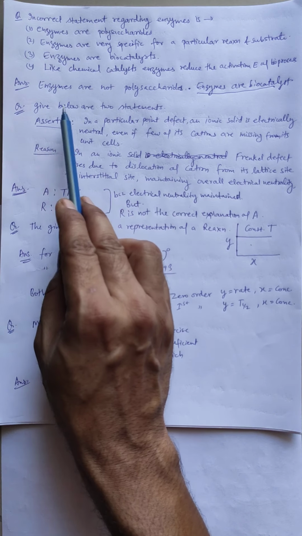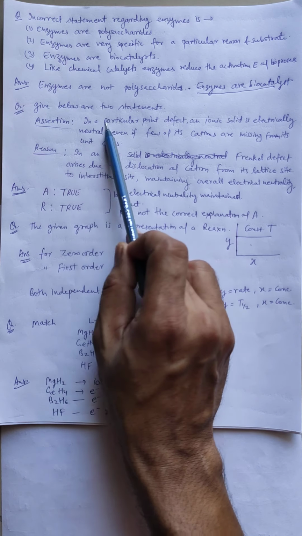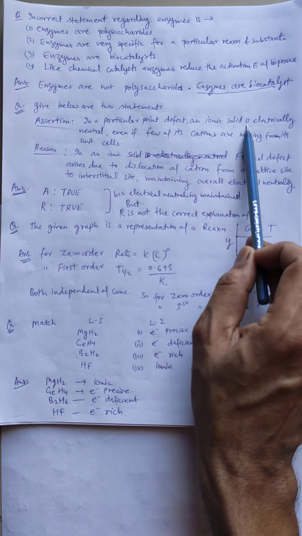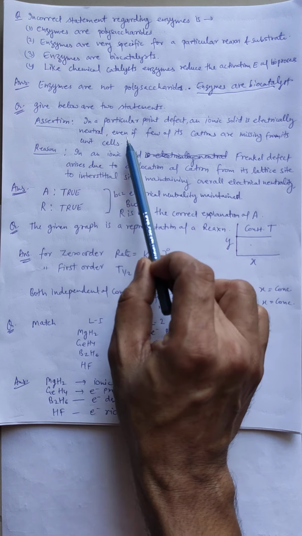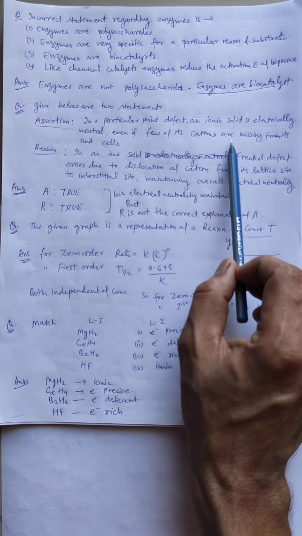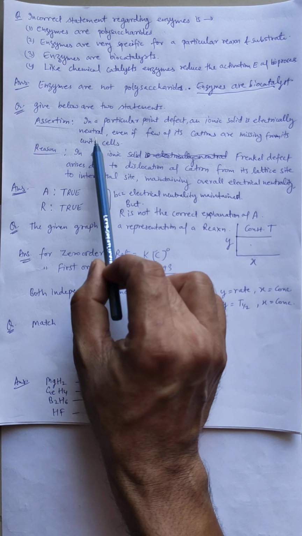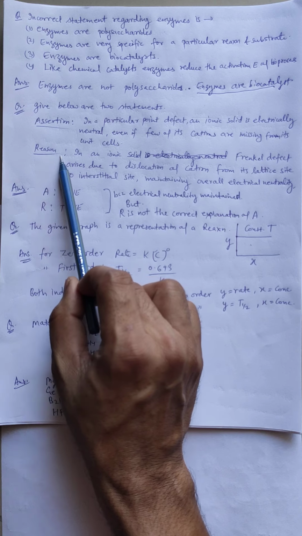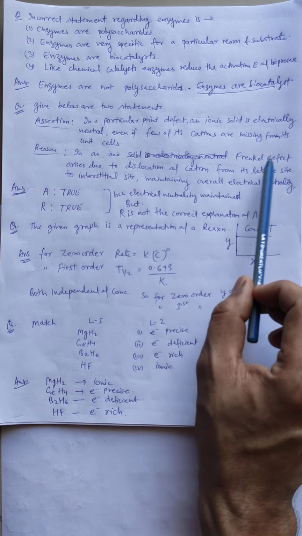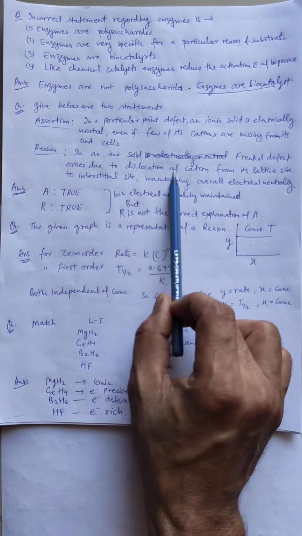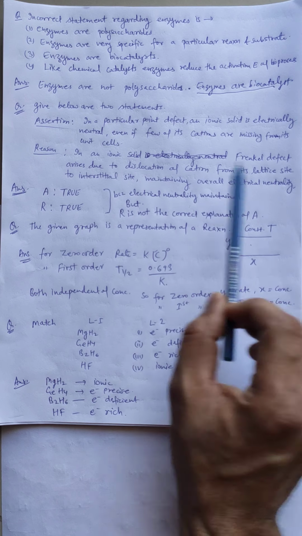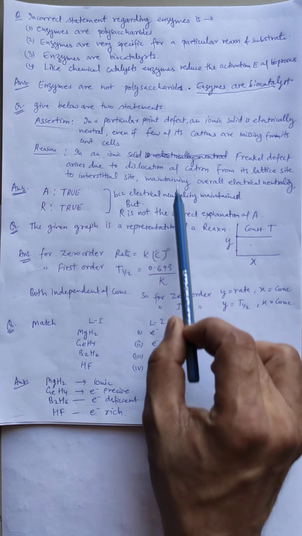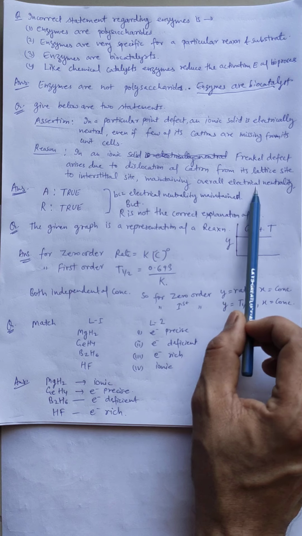Now the next is, given below are two statements. Assertion: in a particular point defect, an ionic solid is electrically neutral even if a few of its cations are missing from its unit cells. So it is true. Reason: in an ionic solid, Frenkel defect arises due to dislocation of a cation from its lattice site to an interstitial site, maintaining overall electrical neutrality.